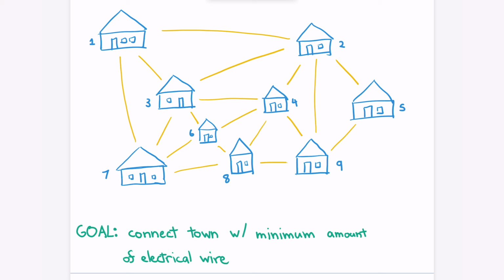So my question to you is, which edges should I take? Which one? Maybe that one? Seems like a smart idea. What else? Well, you have to tell me which one.